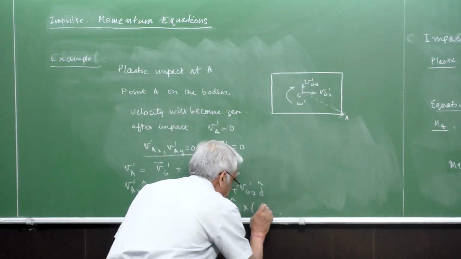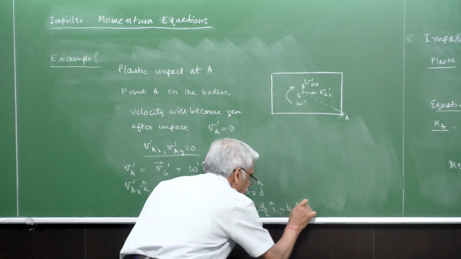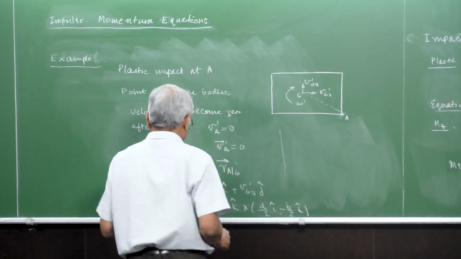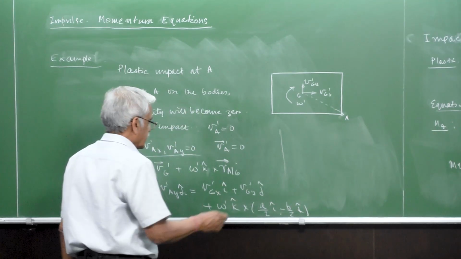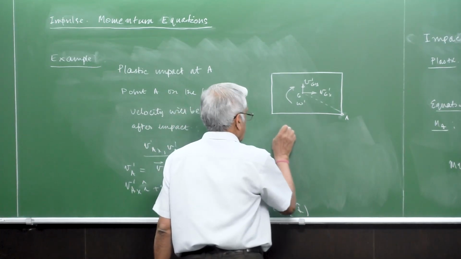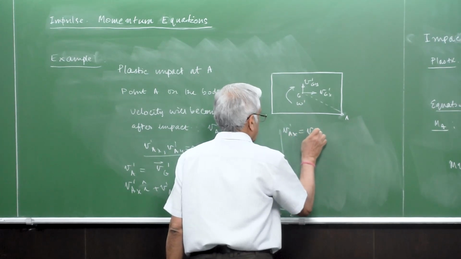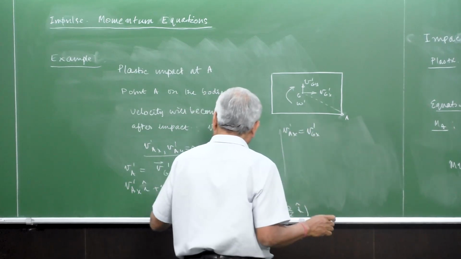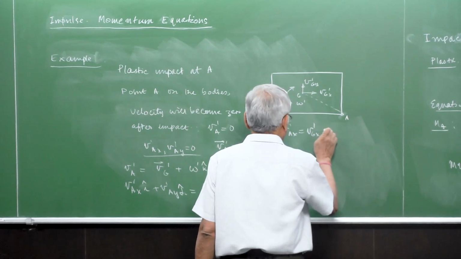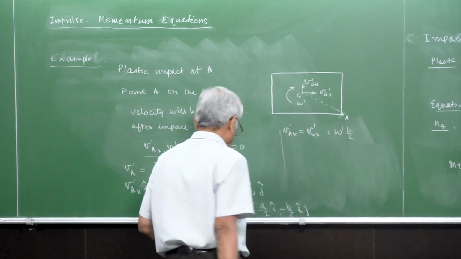It's a by 2 i minus b by 2 j. Let's simplify this further. So VAX is VGx prime, taking the i component, and k cross j is minus i, so it is omega prime b by 2.